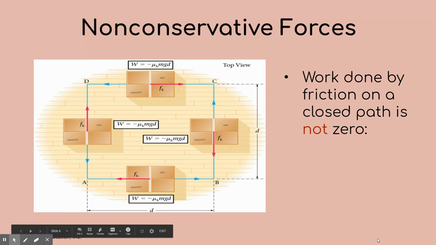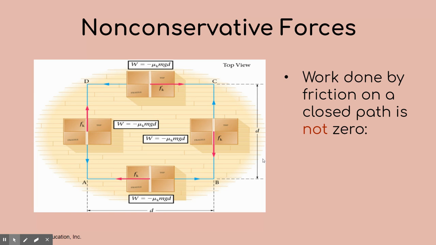And with a non-conservative force, here we're not picking something up, we're sliding an object around on the floor. And yes, we're still sliding it around in a loop, but the work done by friction on this closed path is not going to be zero. Why?